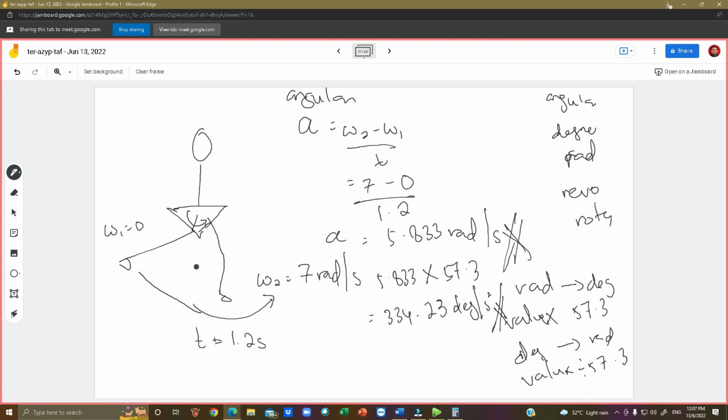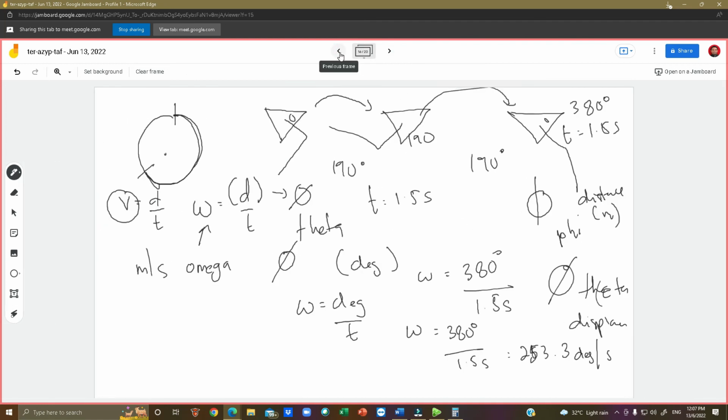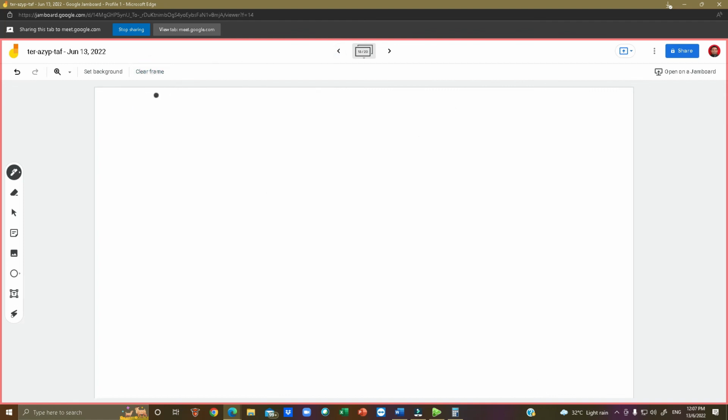So you need to show distance and displacement, you need to show velocity and speed, and finally you need to show angular acceleration and also linear acceleration. Okay, saya perlukan satu slide ni. Kita ambil ni. Alright. Now we have linear, we have angular. Okay, kita ada displacement dekat sini.